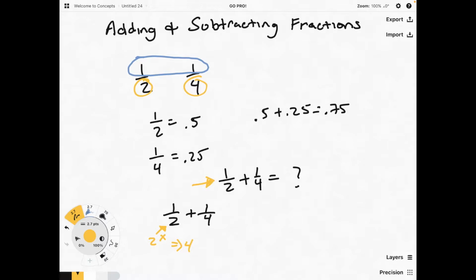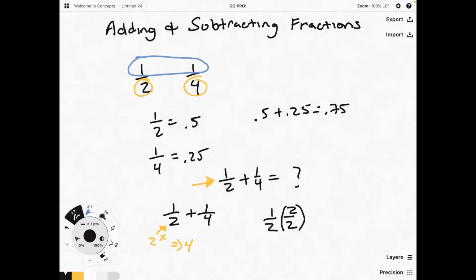With the rule that we just discussed, if we want to multiply a number, so we have 1/2, and we multiply the bottom by 2, we also need to multiply the top by 2, because really 2 over 2 is equal to 1, and 1 times 1/2 is equal to 1/2. So we're not changing the value.